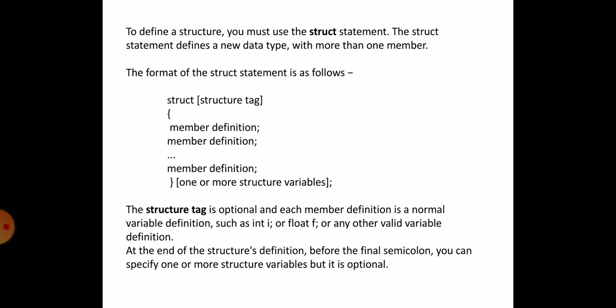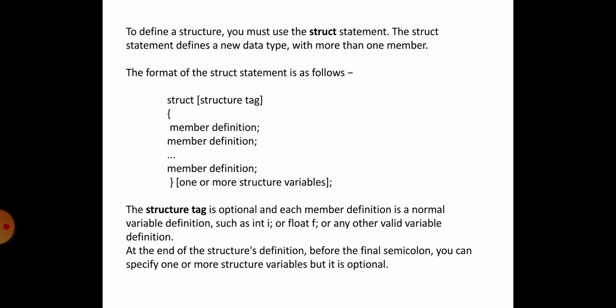So at first, the format of defining a struct statement, we must first use the keyword struct followed by the structure name. The structure name is of course the choice of the user. We can give any conventional name like that we have given for any variables while declaring a variable. So structure tag can be any name, and immediately following the struct, we open a curly brace, and within the curly braces we must specify all the member definitions of the structure.